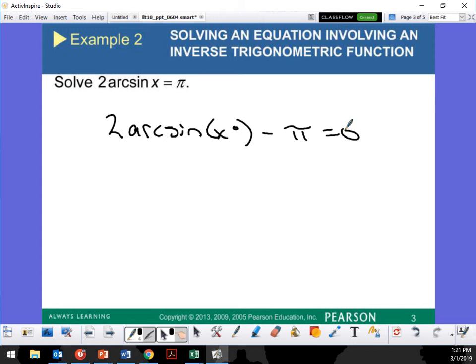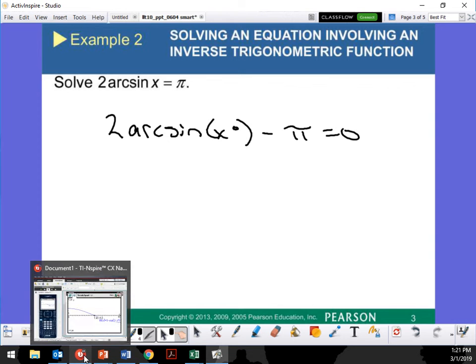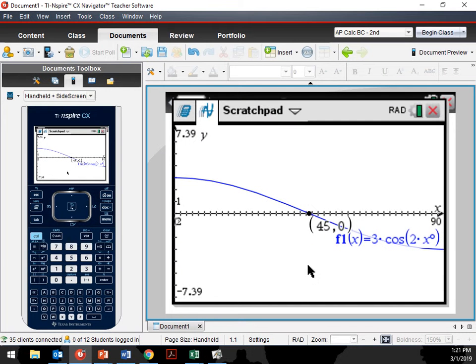And then that gets plugged into the calculator. Wait, what was the answer for me? Let's just see. There were multiple. You don't know past 90? No, it's only to 90, remember? Because that's what we changed our window.